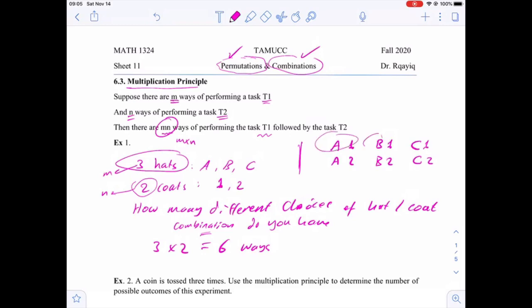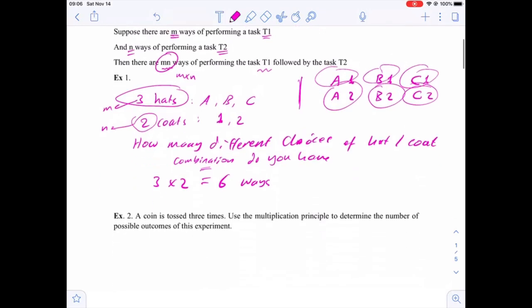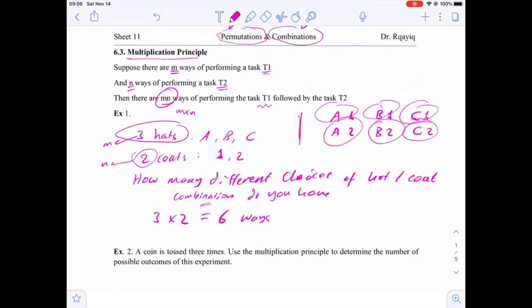So we have 6 different ways to choose hat and coat. This is what the multiplication principle tells us, and it provides us an easy way of finding those choices.